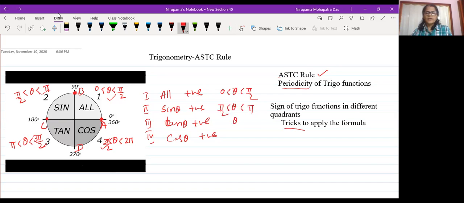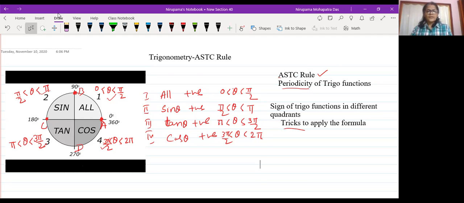An angle in the third quadrant is from pi to 3 pi by 2, and in the fourth quadrant it will be more than 3 pi by 2 and less than 2 pi. Let's restrict ourselves within 2 pi radian, one rotation, for the time being, for some minutes.